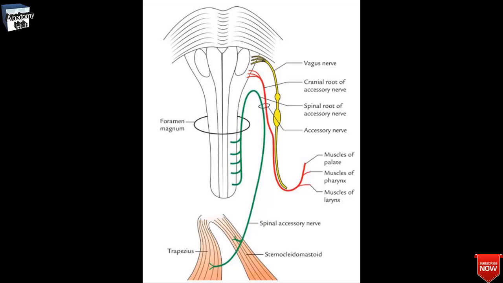So clinical features include the muscle wasting and the partial paralysis of the sternocleidomastoid that will result in inability to rotate the head or weakness in shrugging the shoulders. So damage to the muscles may also result in an asymmetrical neckline.